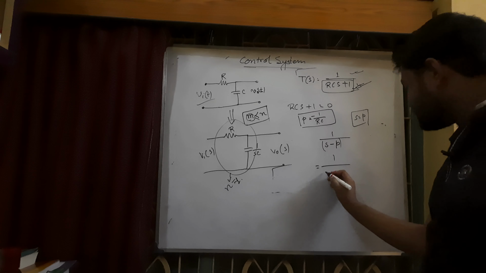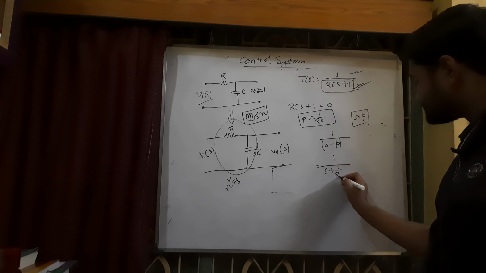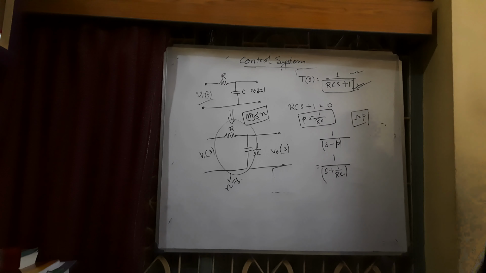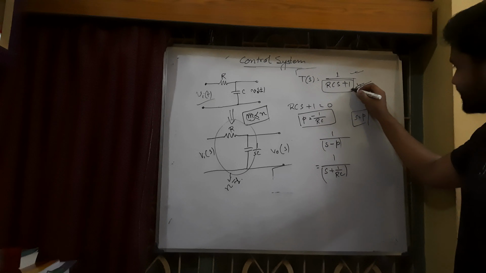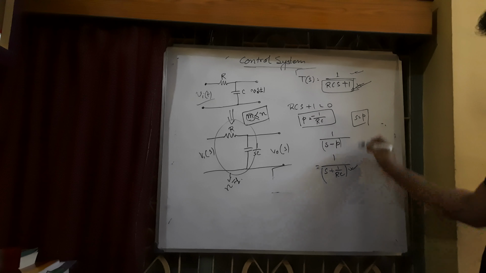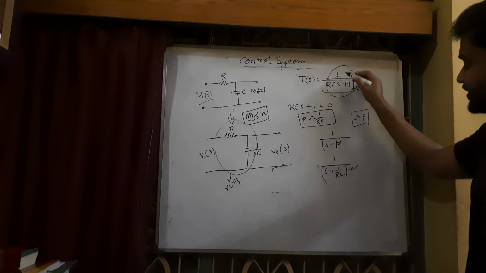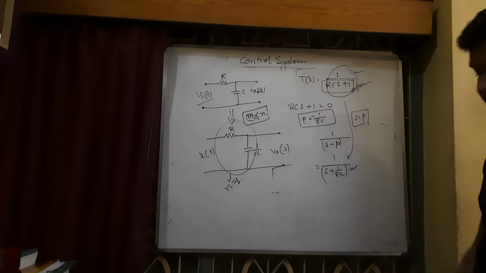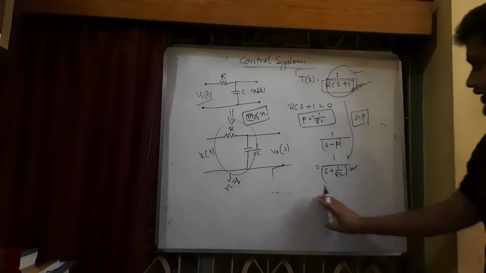So what will it look like? s plus 1 by RC. So this transfer function can also be written as this, as obviously by some simple mathematical manipulation we can arrive at this equation. Okay.